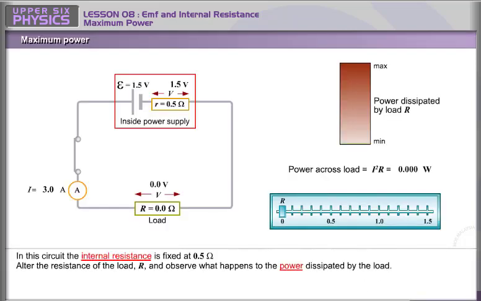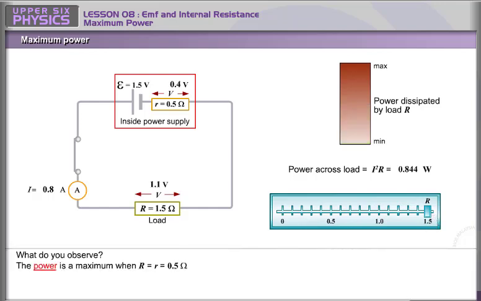In this circuit, the internal resistance is fixed at 0.5 ohm. Alter the resistance of the load R and observe what happens to the power dissipated by the load. What do you observe? The power is a maximum when big R equals 0.5 ohm.